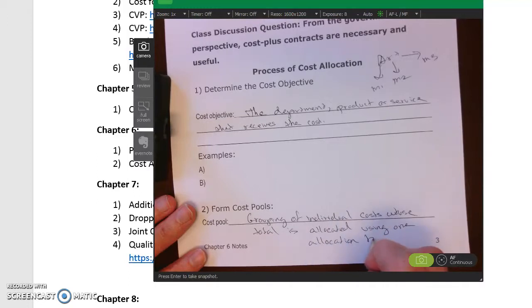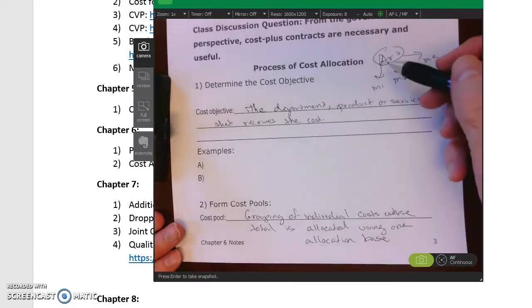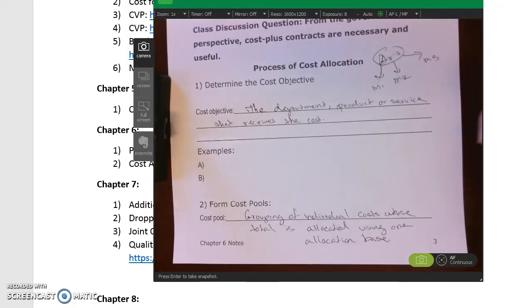Right? So if we think back to this art department example, all the costs in the art department could be put into one cost pool and then allocated out to these different magazines. Maybe in terms of labor hours, or maybe in terms of number of pieces of art requested, whatever their allocation base is. Okay?